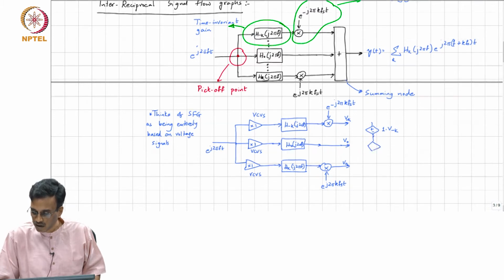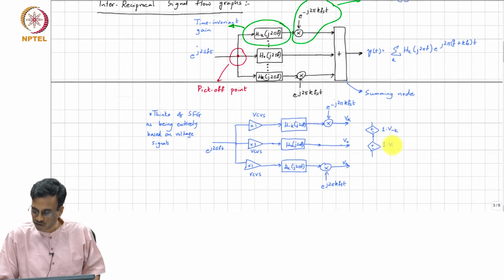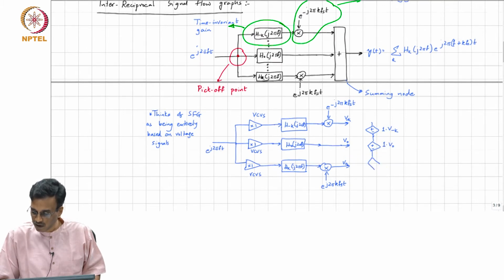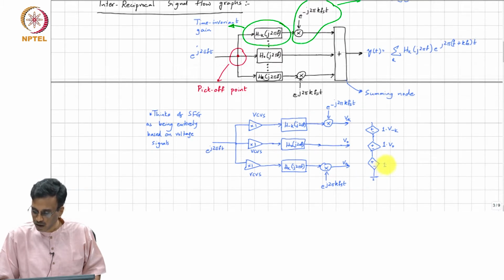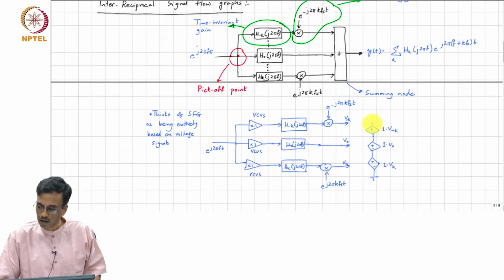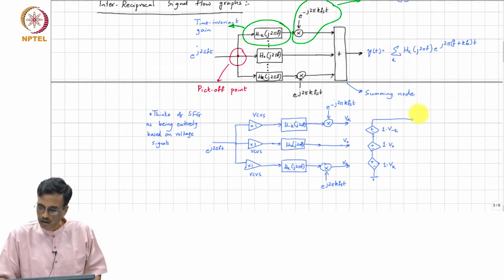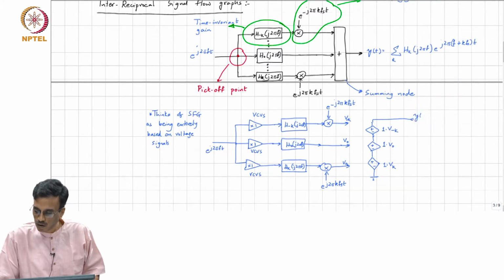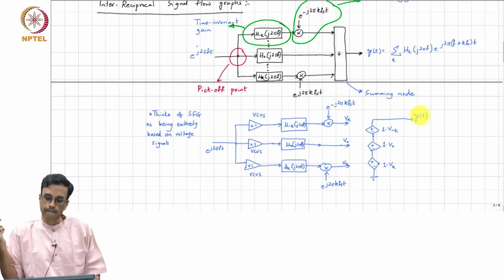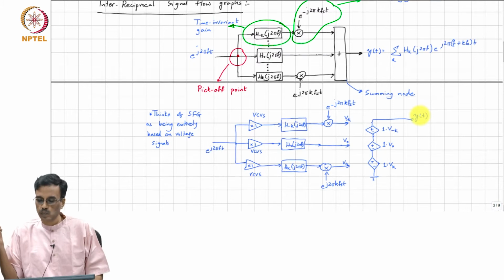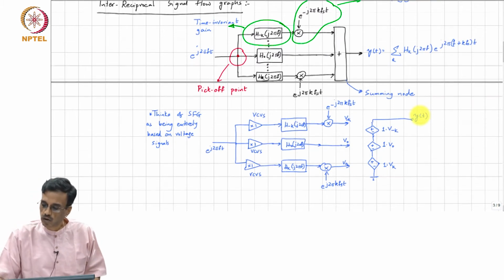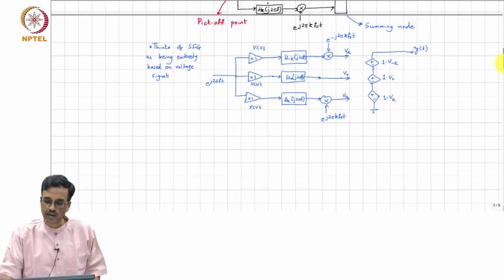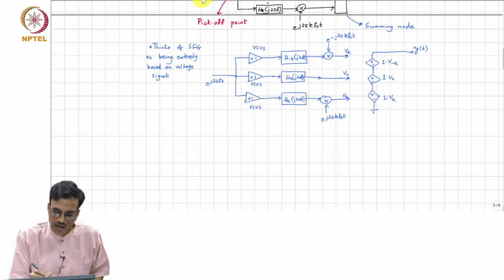Then we have a voltage controlled voltage source which is 1 times V 0, and finally this is 1 times V k, and this is y of t.